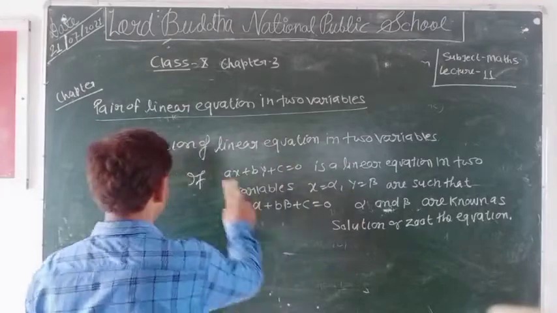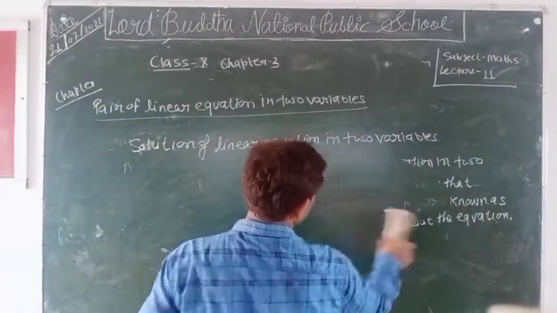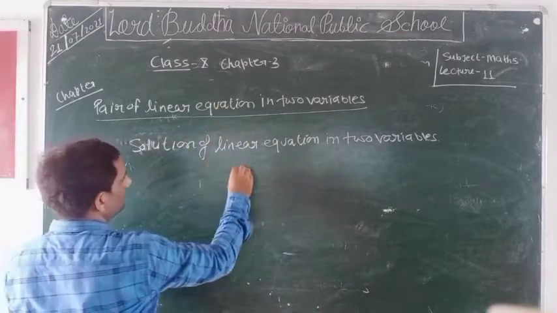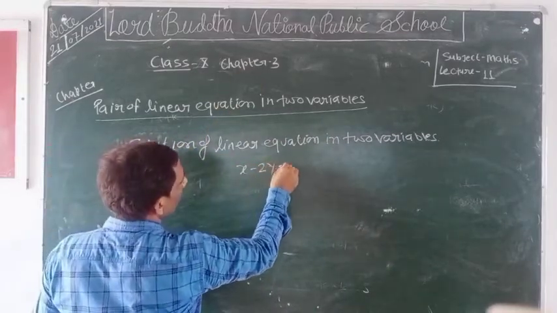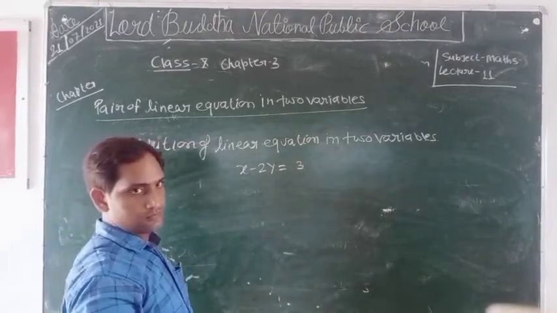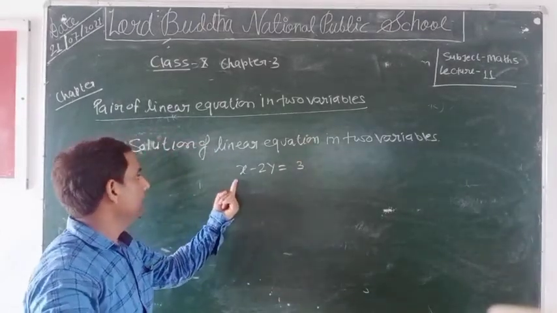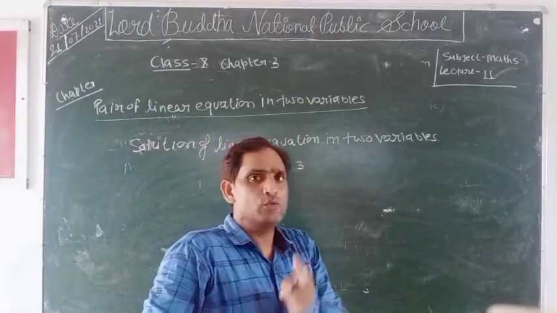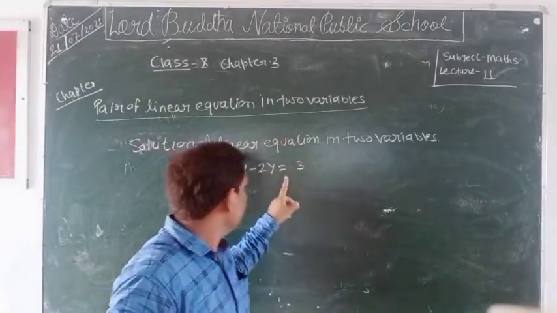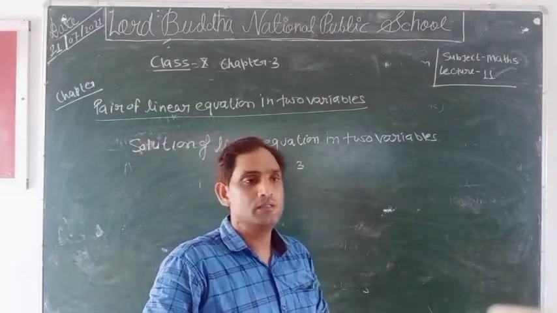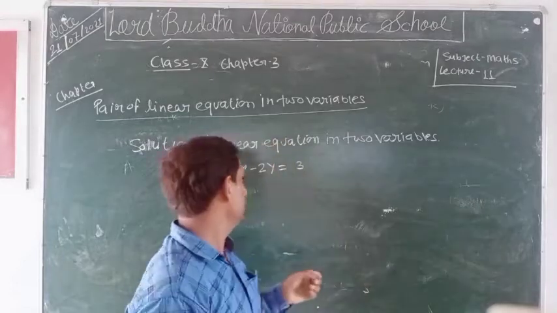For example, x minus 2y equal to 3. We find two values which satisfy this condition. That will be the solution of this equation.